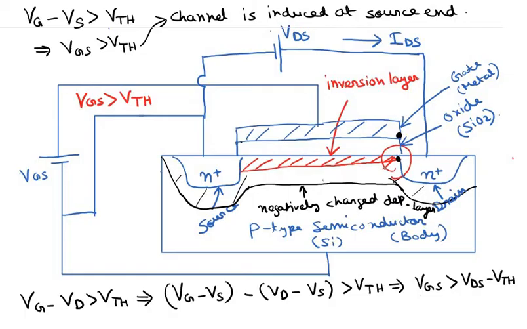So if the conductance at the drain end reduces, the average strength of the entire channel reduces.